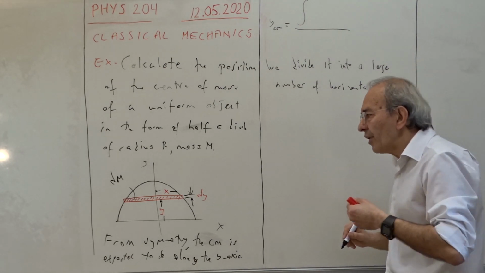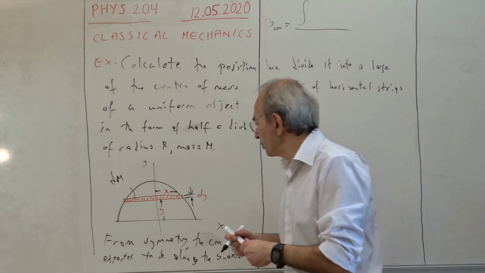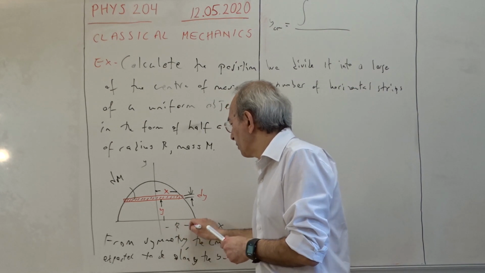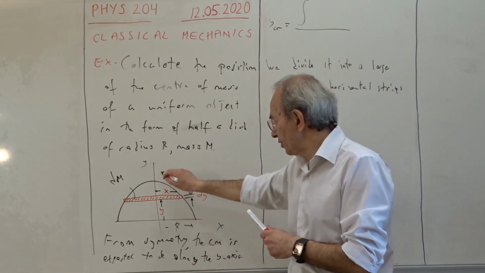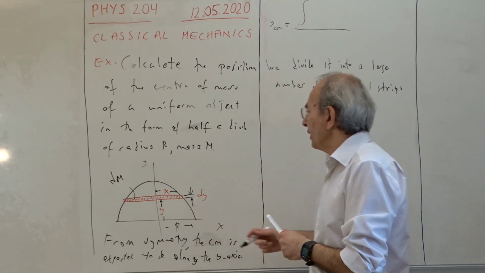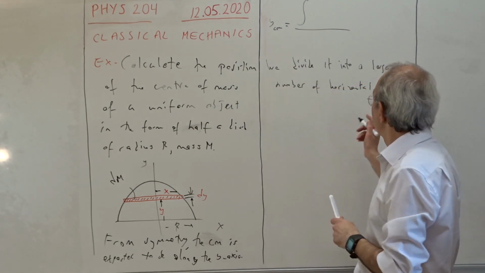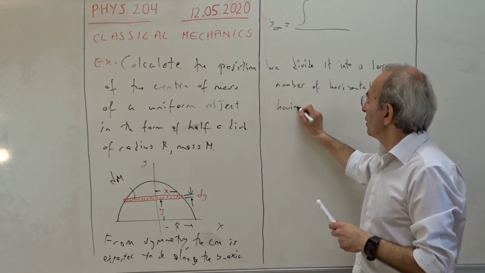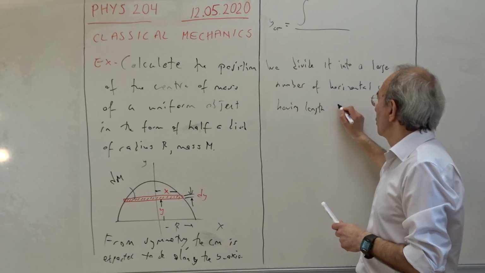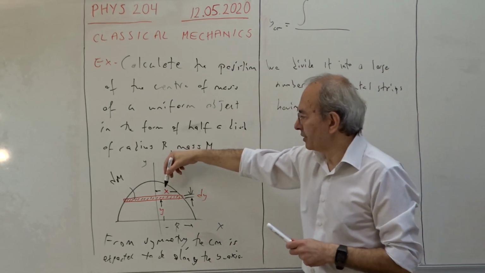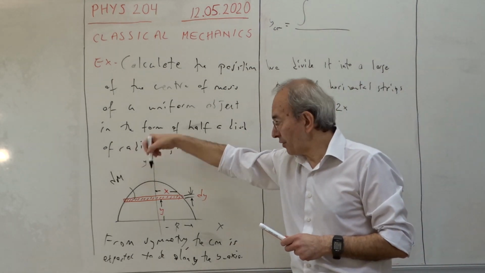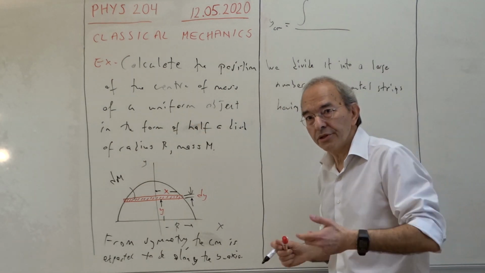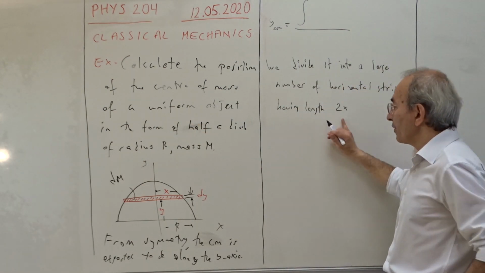having length, because this is, remember, radius r. This is radius r. This is also radius r. Strips having length 2x, x on one side, the other x on the other side, because it's symmetrical division.